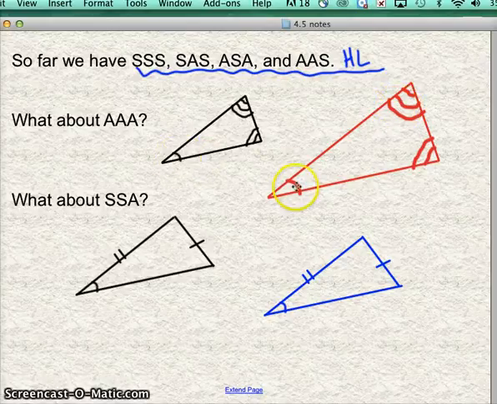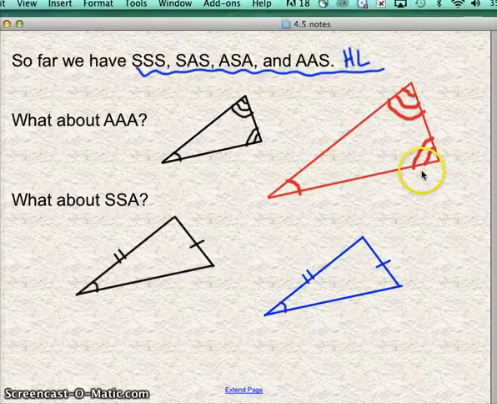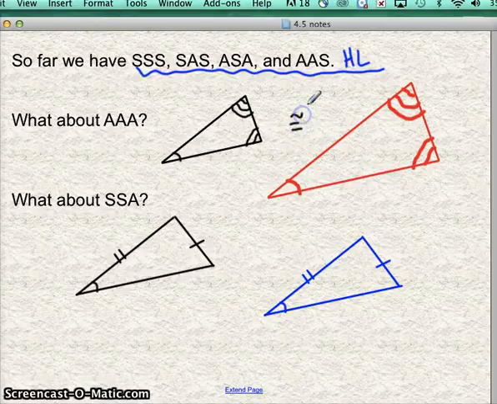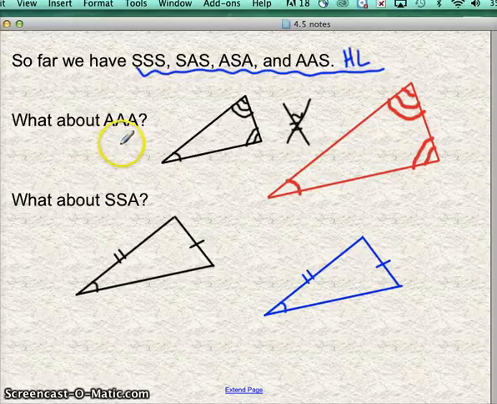These angles are the same, these angles are the same, these angles are the same, but the sides are not. It's like I blew up the picture, enlarged it. And so these are not congruent because the sides are not the same length. Angle, angle, angle is not enough information to show two triangles are congruent.